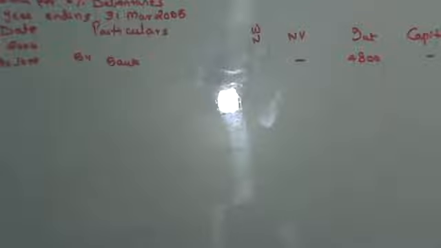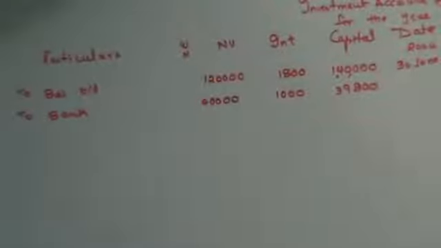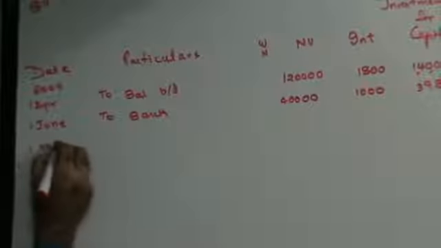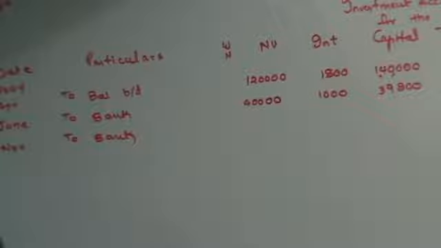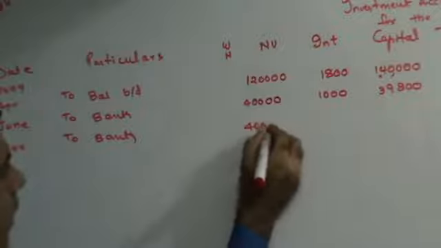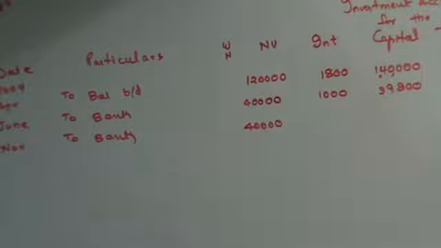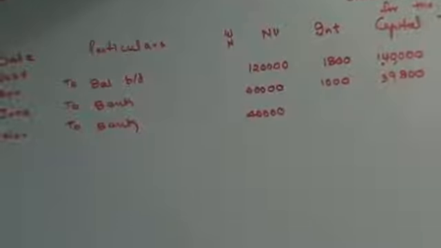On 1st November, 400 debentures were again purchased ex interest at 38,400. Purchase. Debit what comes in, 1st November, to bank. I have purchased how many debentures? 400 debentures of 100 each, so 40,000. I have purchased them for 38,400.